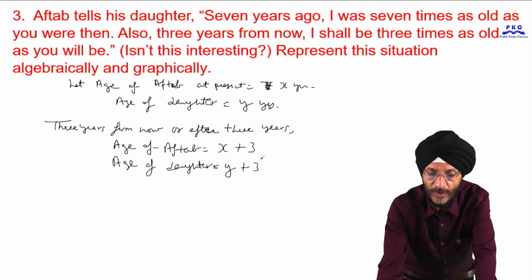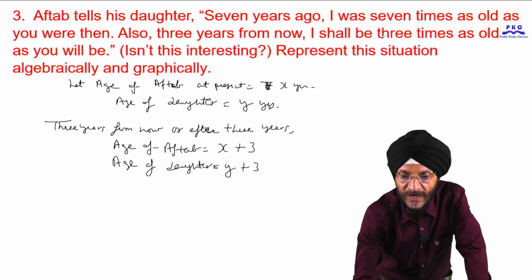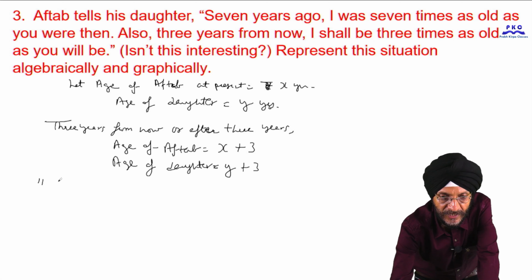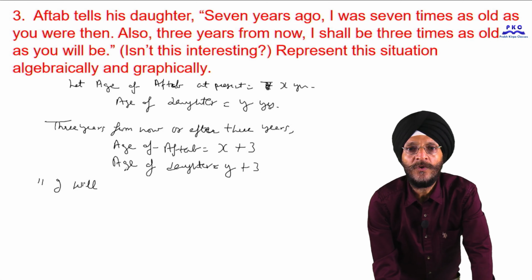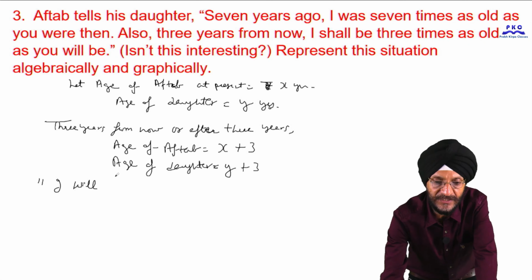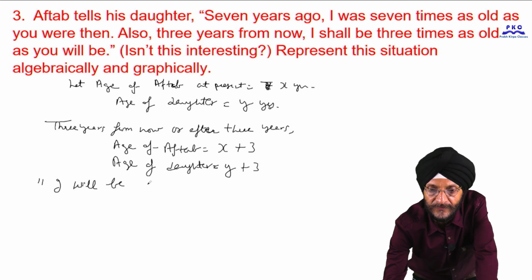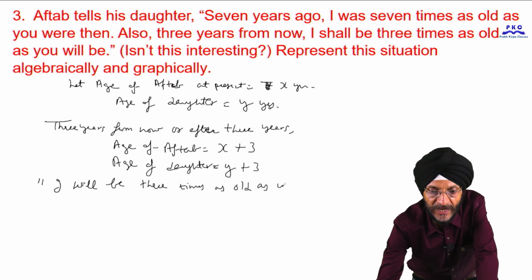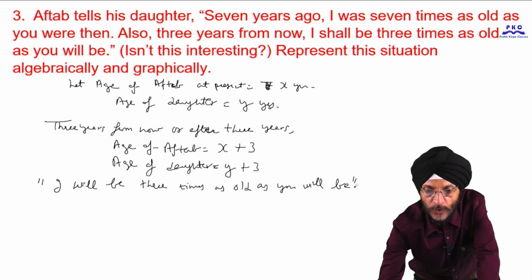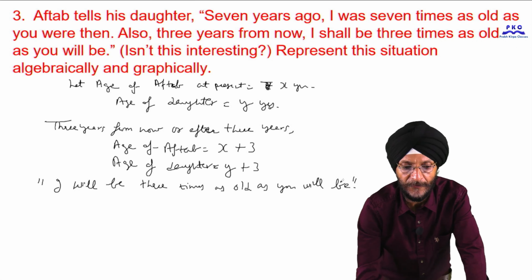So now it is also written, as given in the question, I shall be 3 times as old as you will be. Here I pertains to her father, that is Aftab. Here you pertains to his daughter.